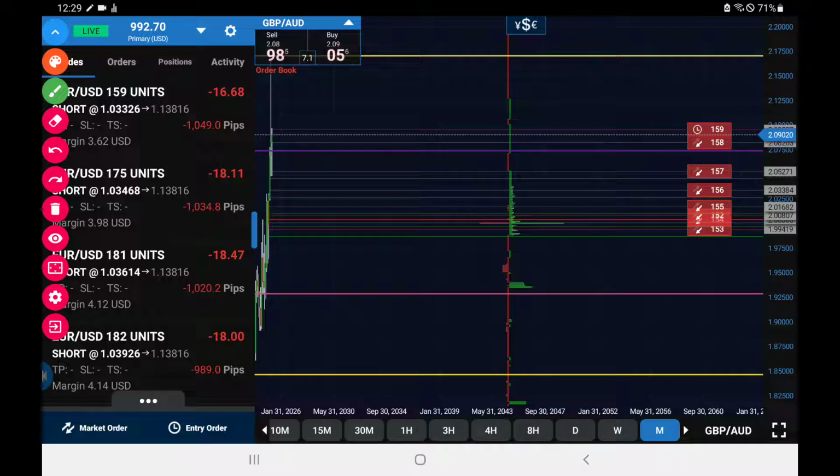The distance between the purple line and the red line is actually huge compared to other markets we've seen. This tells us very clearly that this market has more of a downward pressure or a short selling pressure than a long or upward selling pressure.